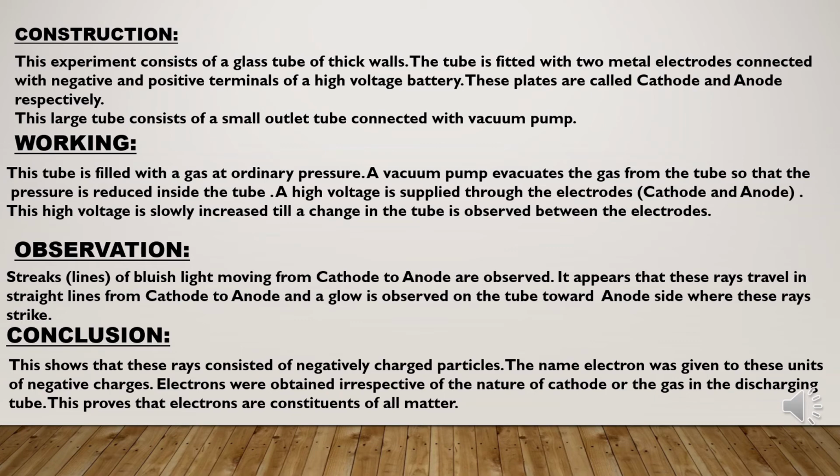Whatever the cathode will be, or whatever gas you are using in a discharge tube, electrons will be there and moving from negative cathode to positive anode. This proves that electrons are constituents of all matter, because if you are using any cathode, electrons will be there.